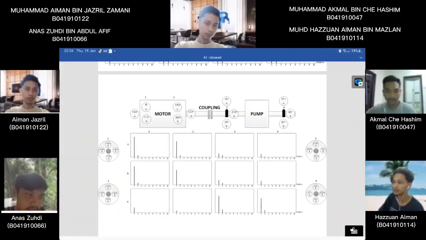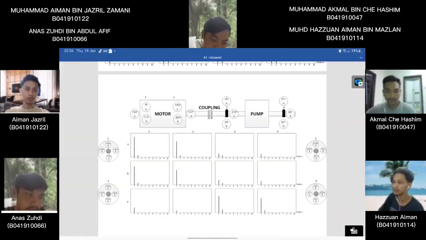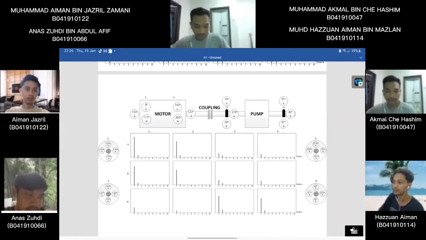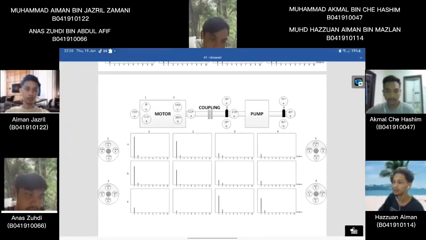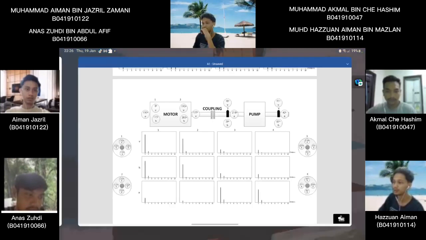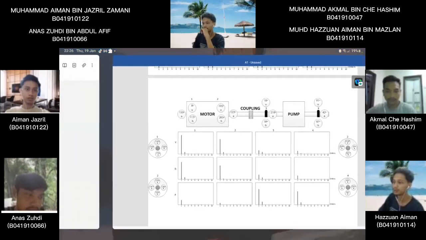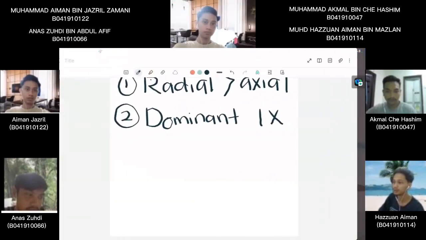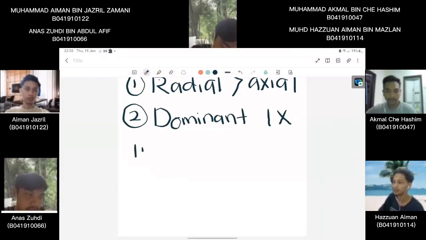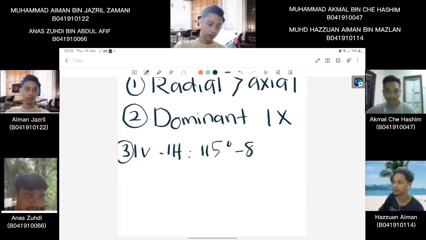So we look at the question. To determine which one it is, we need to calculate the phase difference between 1 and 2: 1v minus 1h, 2v minus 2h. That is for unbalance. For criterion 3, 1v minus 1h equals 115 minus 8, we got 107.